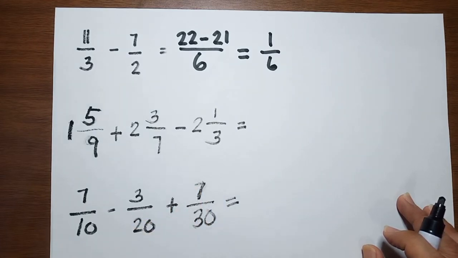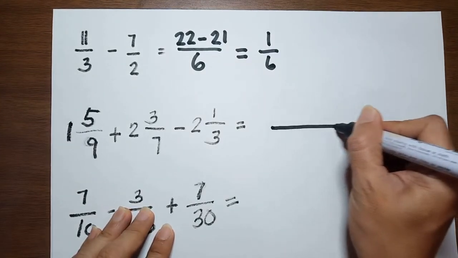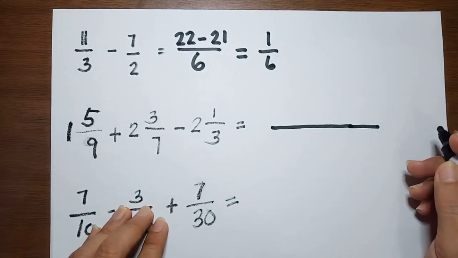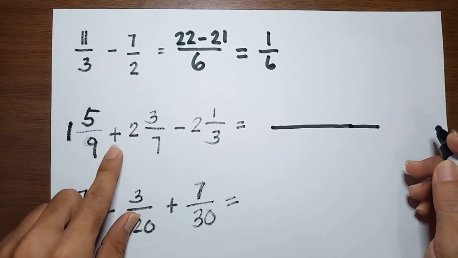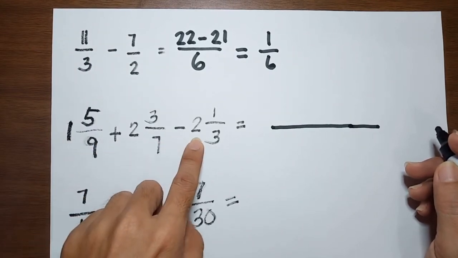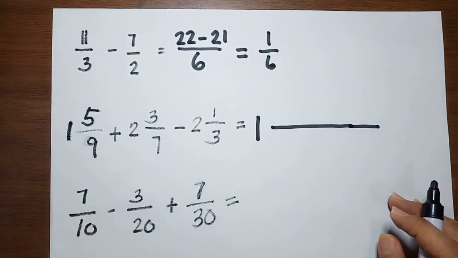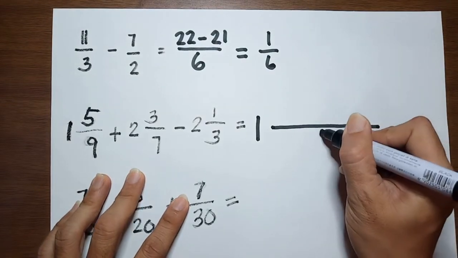So what we need to do is find the LCD between 9, 7, and 3. By the way, we first perform the operation on the whole numbers. So 1 plus 2 is 3 minus 2 is 1. So we have one whole number here. The LCD between 9, 7, and 3 would be 63.